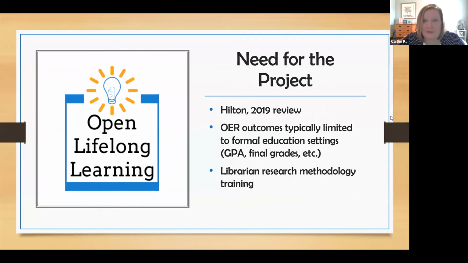This project came out of looking at a need that was left behind in the literature. So really relying on that Hilton 2019 review that looked at OER across different uses, but found that it is typically limited to formal education settings and that academic variables are what it's being compared against.